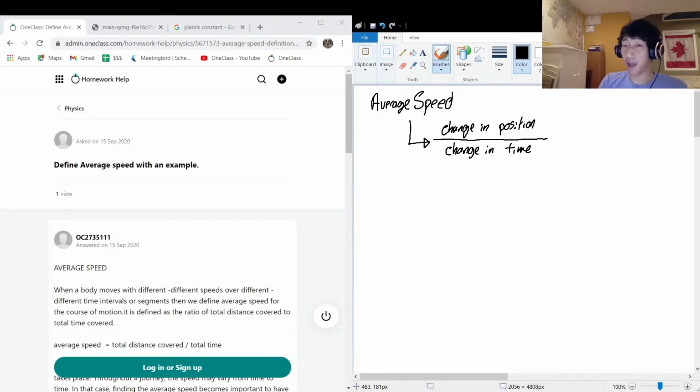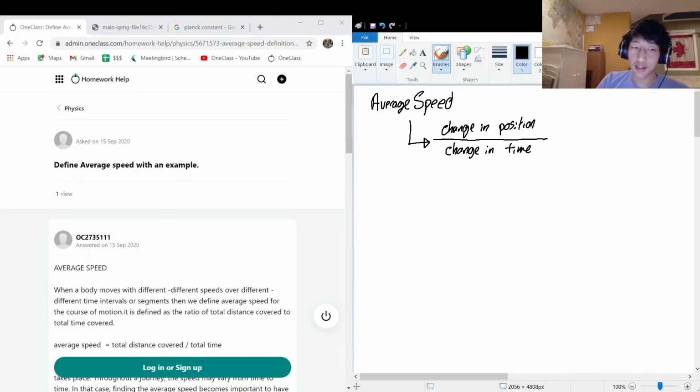So if I change my position by 100 kilometers in 1 hour, I would have an average speed of 100 kilometers per hour. If I actually don't move at all, and I basically just sit in my chair not moving for 10 years, I'm going to have a 0 meters per second velocity, or average speed, because I didn't move. So this is how we define it. We look at the change in position and divide that by the change in time.